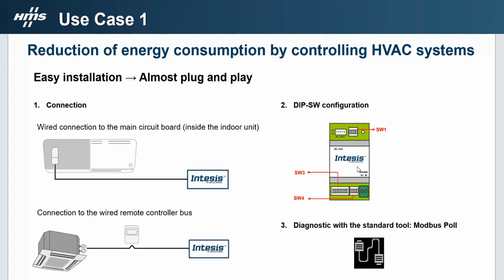If you want to test, or diagnose any malfunction happening in some installation, my advice is to use the standard tool Modbus Poll. That is really easy-to-use software, and it will help you with the jobs to be done regarding the testing or diagnosis of malfunctions in the installations.